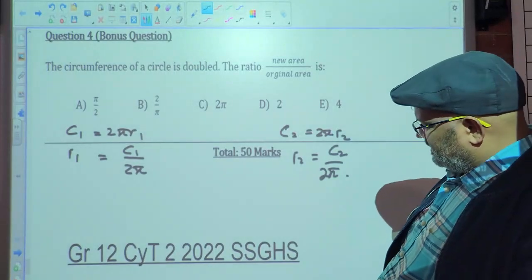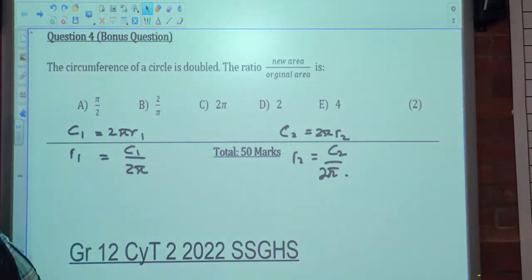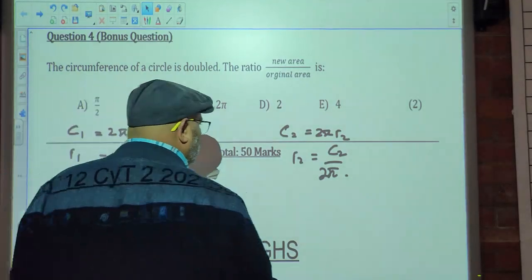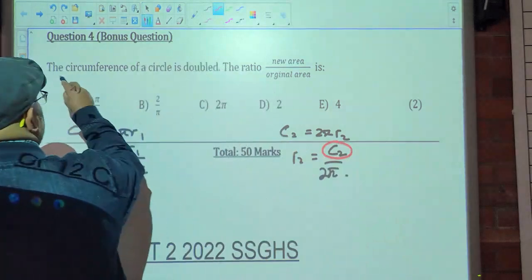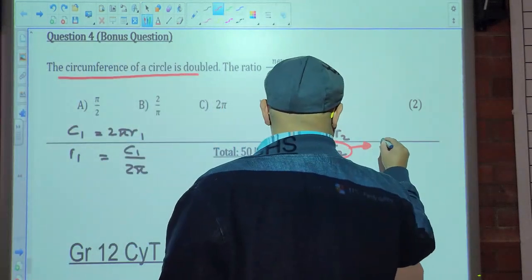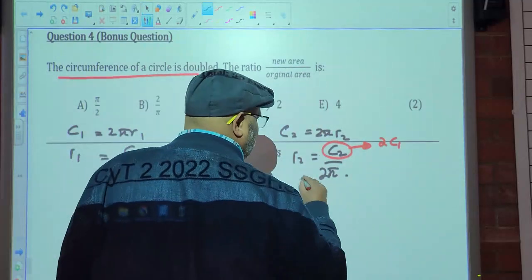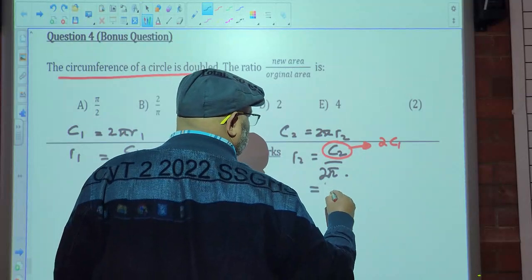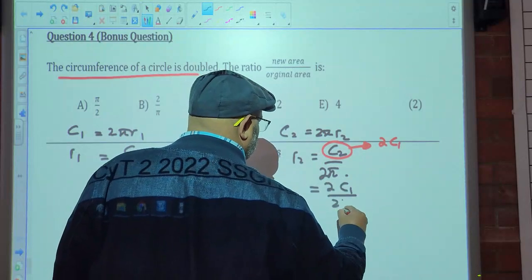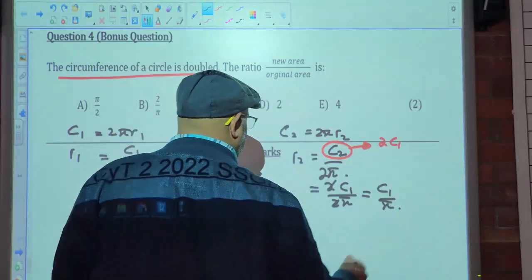However, we know that the second circumference is going to be twice the circumference of the first one, so that's going to be double C1. So in other words, the length of radius 2 is going to be 2 C1 over 2 pi. We have an answer of C1 over pi.